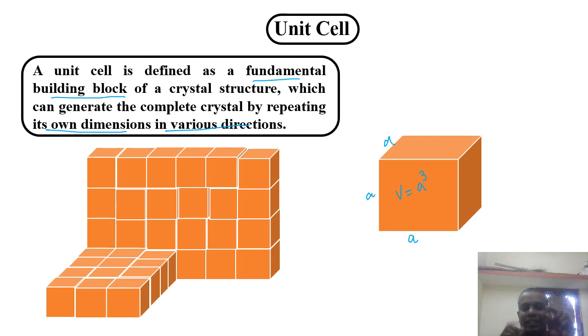The lattice and the basis together form the crystal structure. The fundamental volume or building block in the crystal lattice we call a unit cell, the third term. If you repeat that unit cell in all directions, it will form a complete crystal structure. Now in this discussion, we have studied how we can form the complete crystal structure.